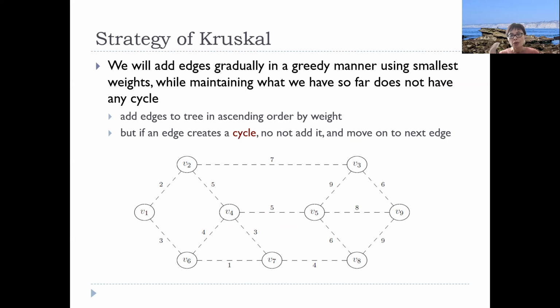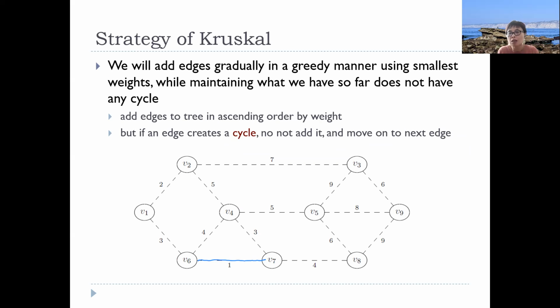Well, since what we are looking for is, number one, we want to keep the cost as low as possible because we're looking for the minimal weight spanning tree. In other words, intuitively, I want to add the cheap edges first. Like the edge with weight one, this one is very cheap.